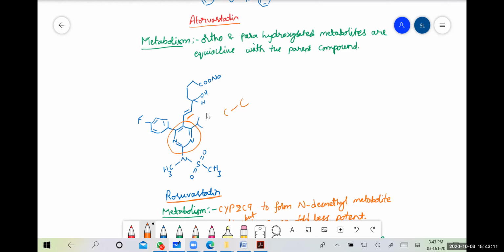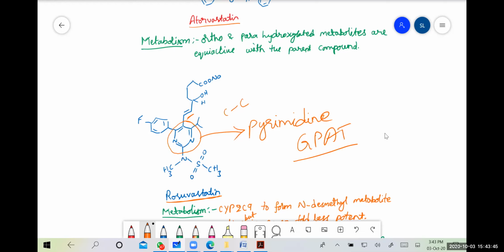Please remember, there is a double bond in rosuvastatin, in the ethylene two-carbon chain which connects the hydrolyzed lactone ring with the heterocyclic system. In rosuvastatin, the heterocycle is pyrimidine. This is one you have to remember.